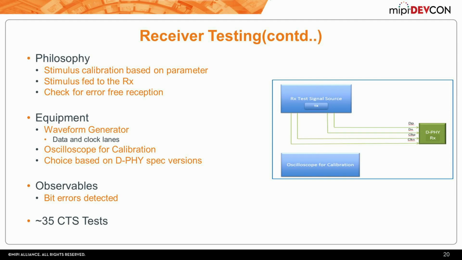Let me back up one second. So we know we need a generator to generate various kinds of stimuli for receiver testing. In the first part of the presentation, we saw there were various kinds of parameters you need, various kinds of stresses we need, various modes you need, right?